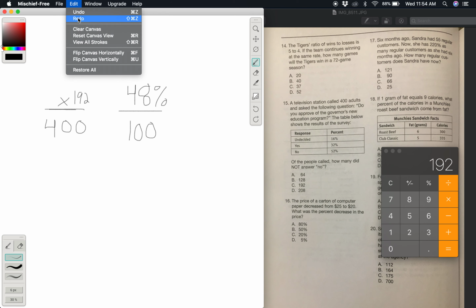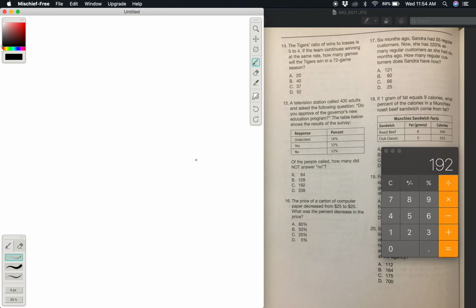So let's do number 16. The price of a carton of computer paper decreased from $25 to $20. What was the percent decrease in the price? Well, we have the base, so it's $25, which is kind of the one that doesn't really change, but it changed to 20, which is now a part of the $25.